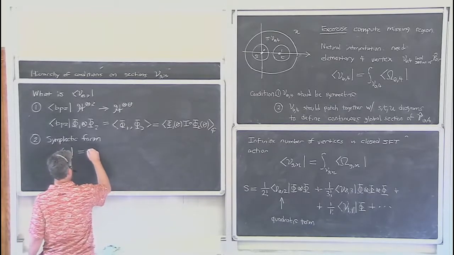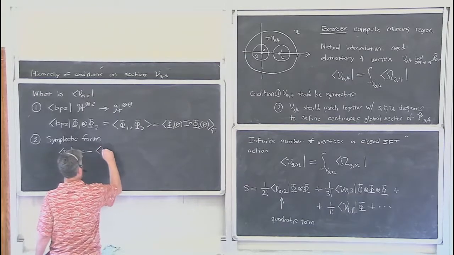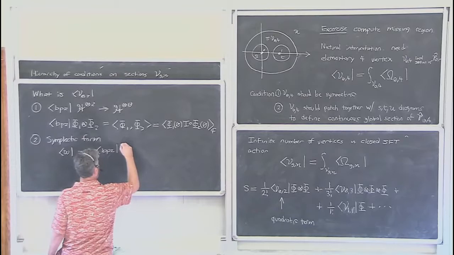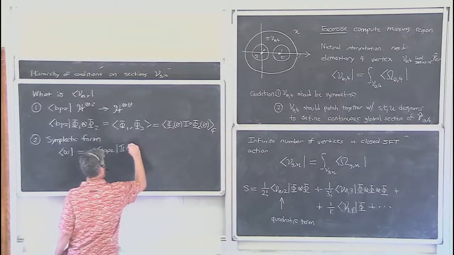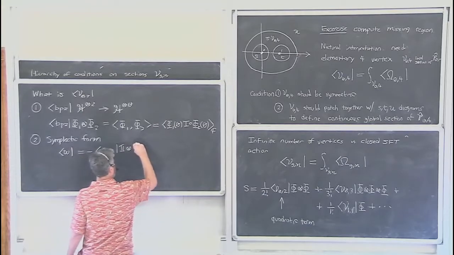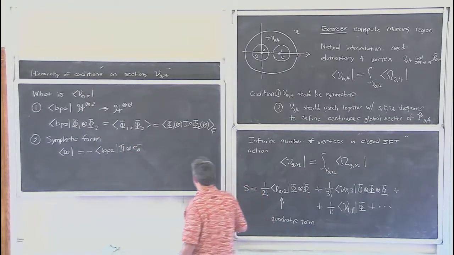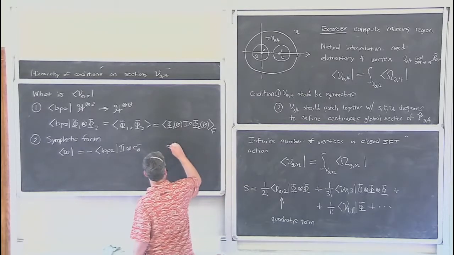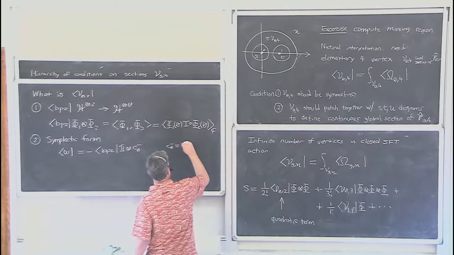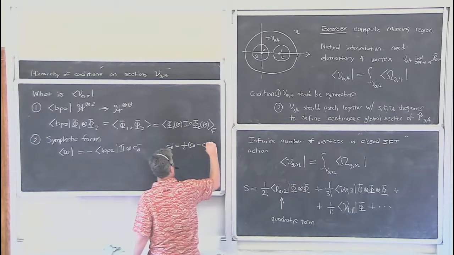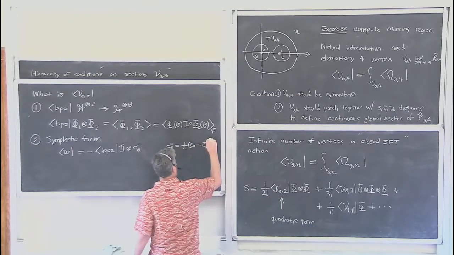This is given by minus BPZ, and then 1 tensor c0 minus, where c0 minus equals a half (c0 minus c0 bar).